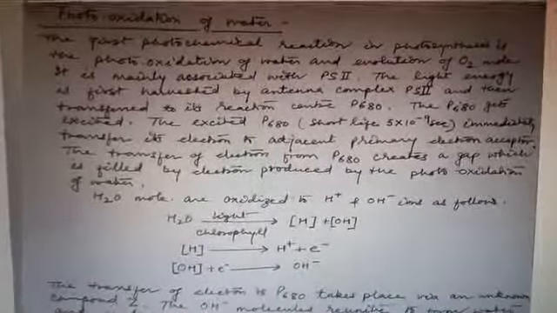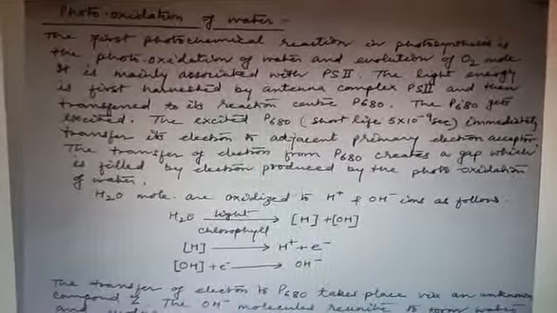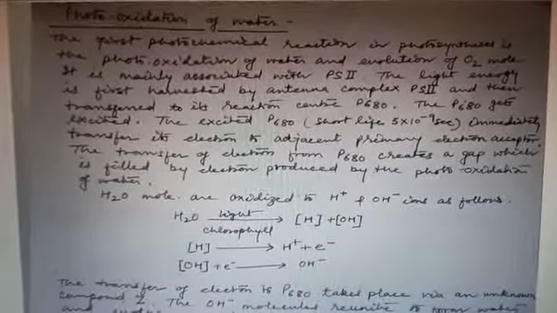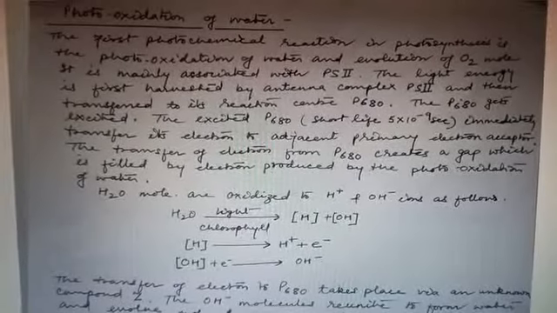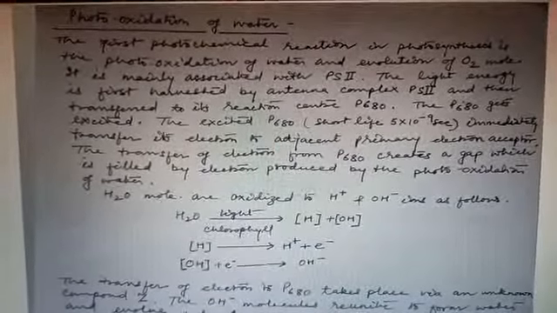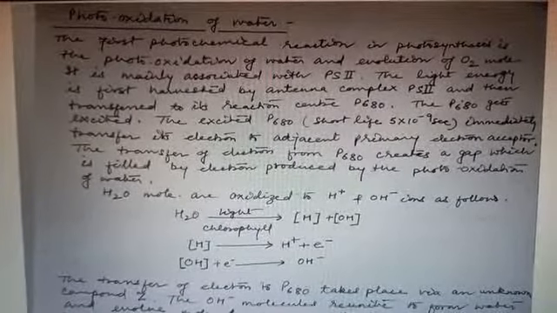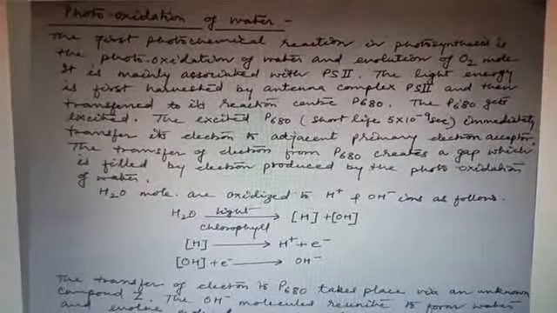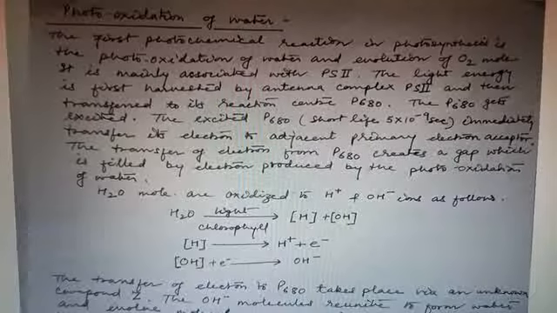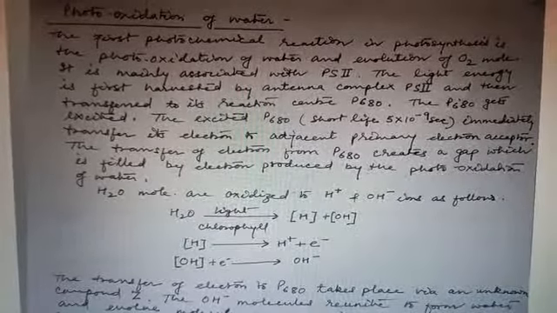Now we come to the photooxidation of water. As we know, photo means light, oxidation means breakdown. That means in the presence of light, the breakdown of the water molecule. The process of photooxidation of water takes place at photosystem 2 of the light reaction.